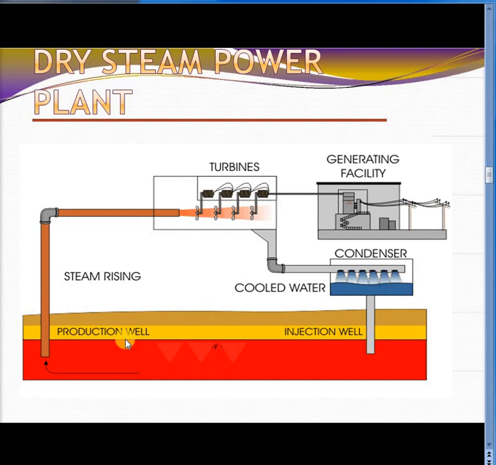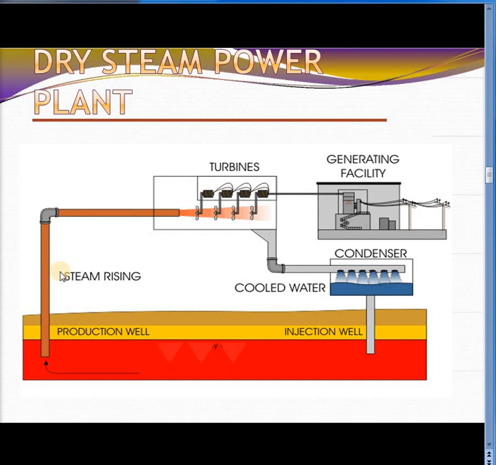So now what happens is, at the high underground temperature, water is boiled into steam from the geothermal reservoir. This is nothing but your geothermal reservoir. It is formed into steam and it goes through the pipes or the well into the turbine.